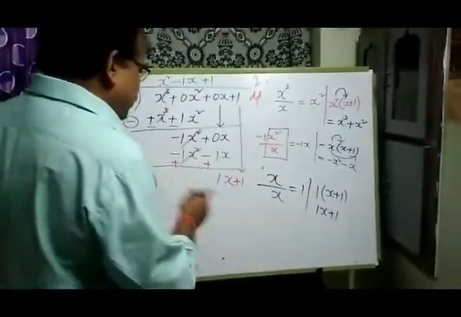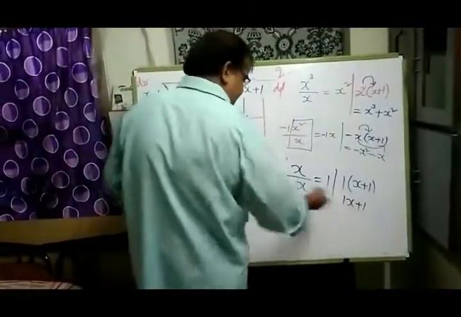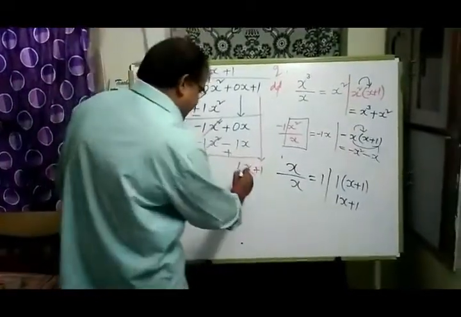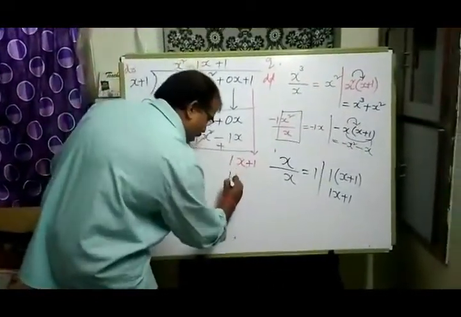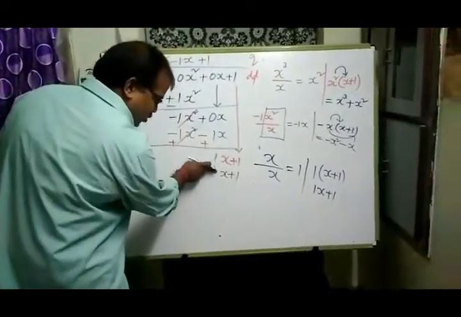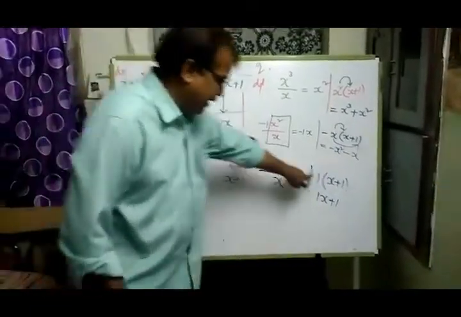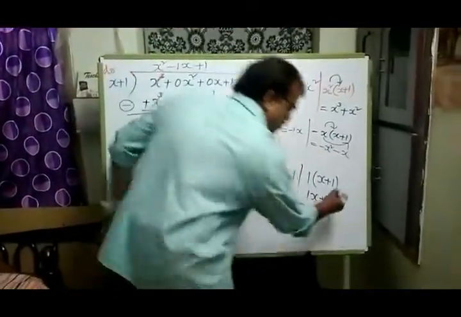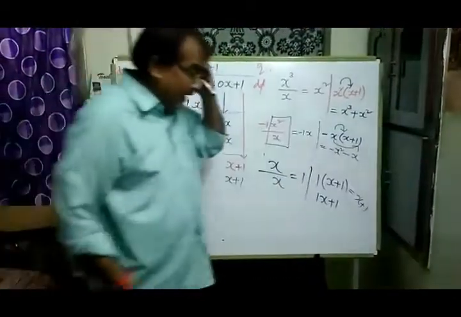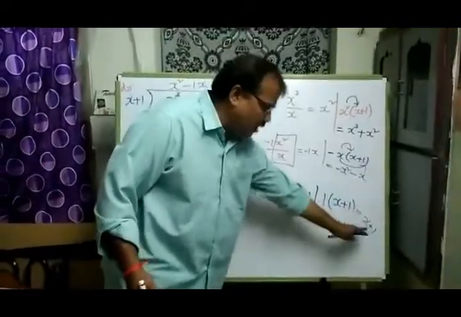Now put this product under the new dividend: x plus 1. If 1 is there or not there, no problem. 1 into x plus 1 is nothing but x plus 1. Both are correct.